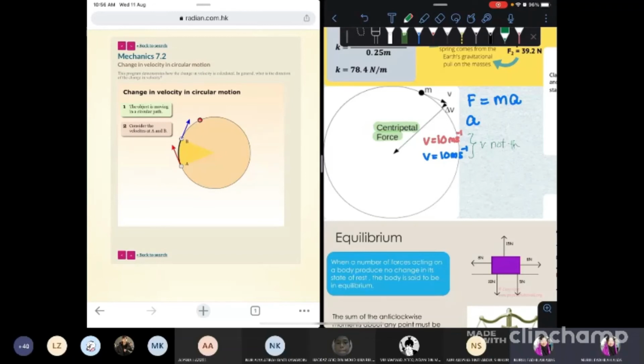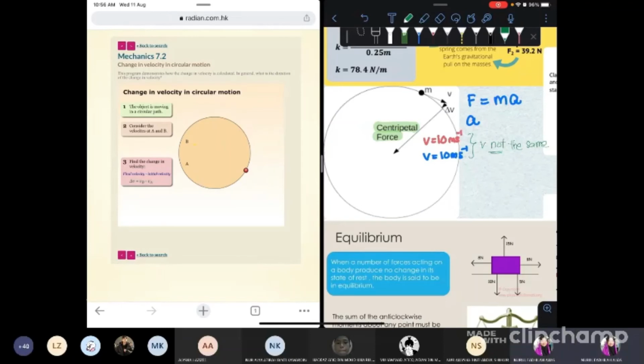Kenapa not the same? Because we consider the direction as well. Since the direction not the same, hence V not the same. So when there is change in velocities, nampak tak bila kita guna vector diagram, kita ada the green color arrow tu.